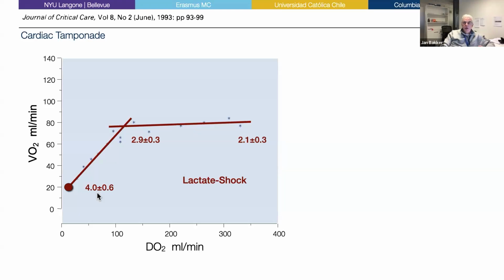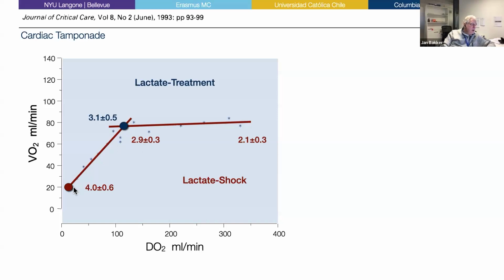If you then remove the fluid from the pericardial space, and so basically resuscitate the animal in this case, in subsequent steps, you go the other way, basically. It's a little bit different because there's probably some tissue hypoxia-related elements happening.